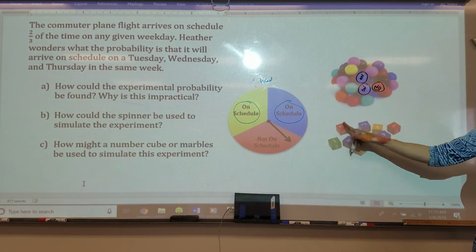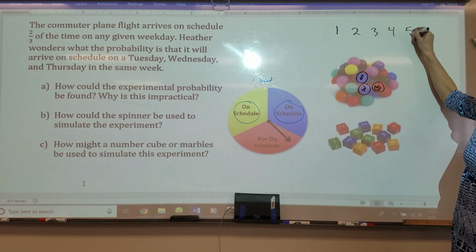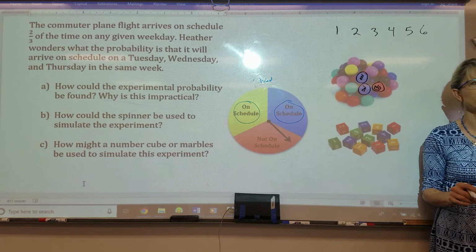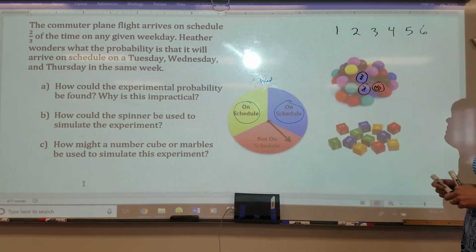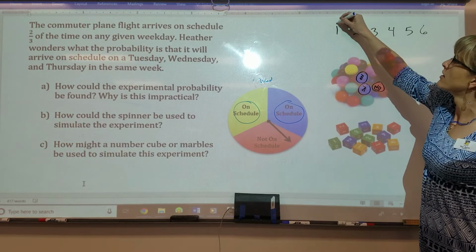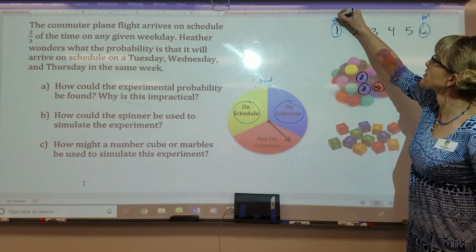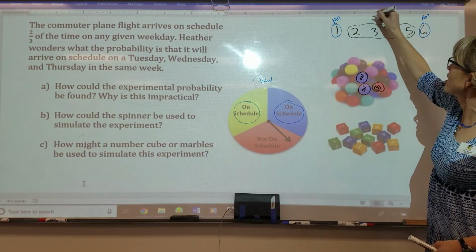How would I do it using numbered dice? I've got a 1, 2, 3, a 4, a 5, and a 6. Someone else will think about it. How would you simulate that, Myron? Like, 1 and 6 would be not on time, and then all the others would be on time. Okay, I like your thinking. And then these right here would be on time.